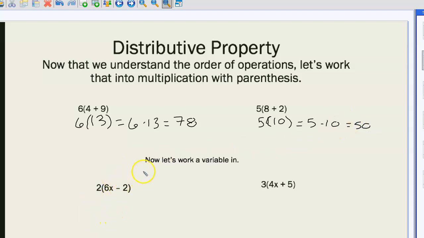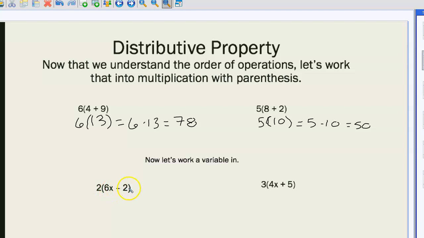Okay, so now let's work a variable in. So knowing what we know about variables in like terms, if we have a number stuck to a variable and then we have another number that doesn't have the same variable stuck to it, we can't combine like terms like that. Those are not like terms to combine.